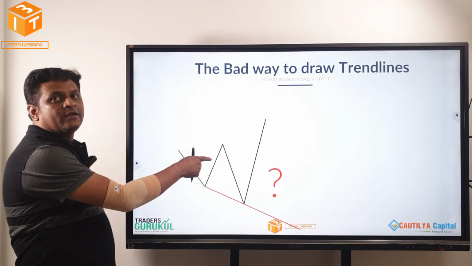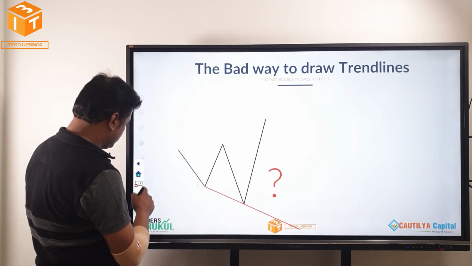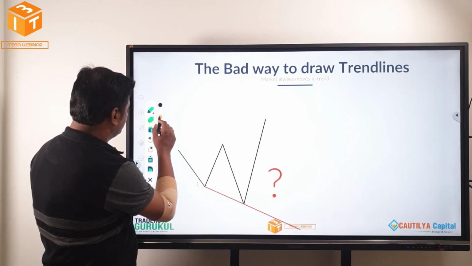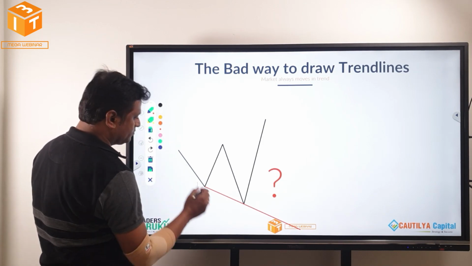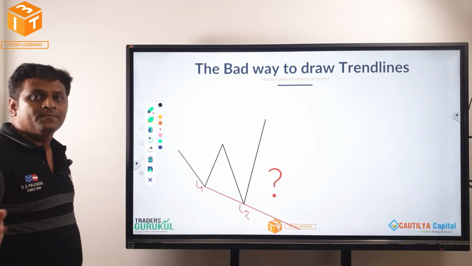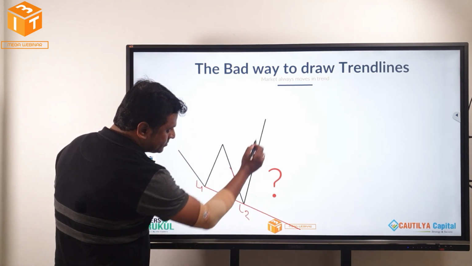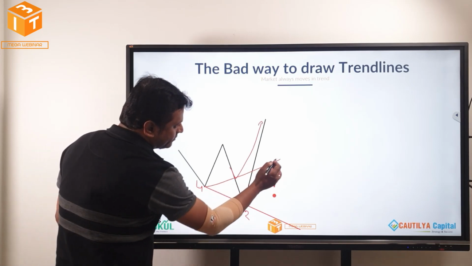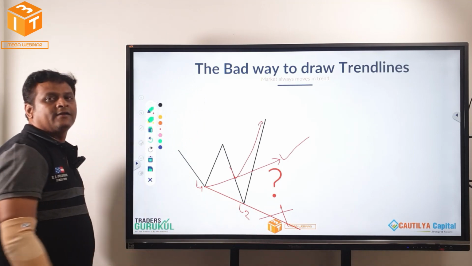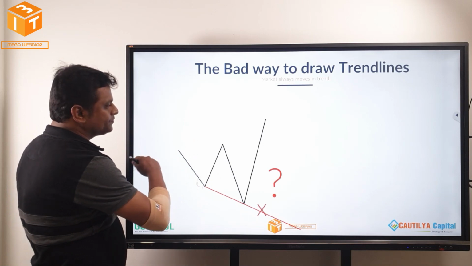You can't draw this trend line because of your L1 and L2. What is the rule book for an uptrend line? Your L2 should be greater than L1. Here it is lower. Ideally it should be like this for you to draw a trend line. So this is the right way to draw a trend line. This is the wrong way to draw a trend line. Clear? Okay. Let's proceed further.